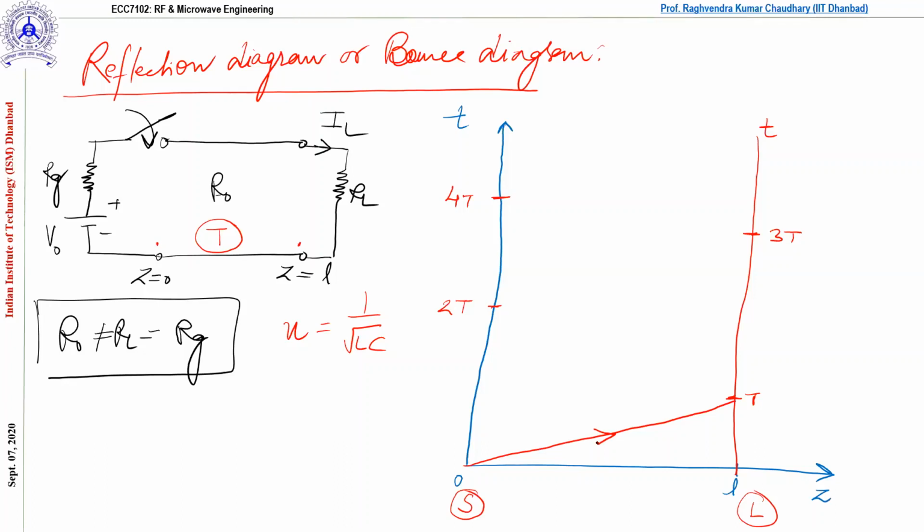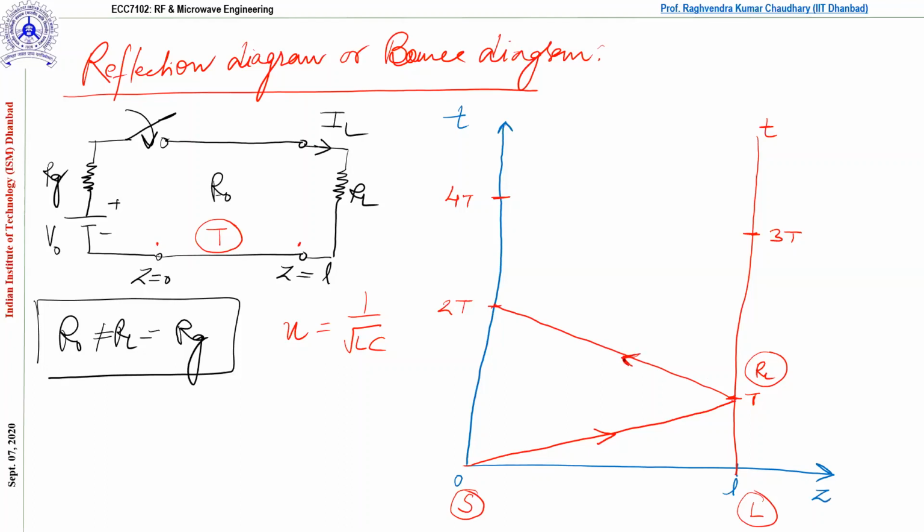Now because there is an RL, and it is not equal to R0, it will experience a mismatch, an impedance change. So what will happen? The wave will be reflected back, some portion reflected back, and it reaches the source side again, and the total time will be 2T. So that is why I mark 2T here.